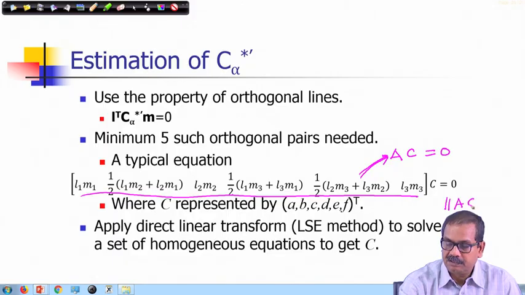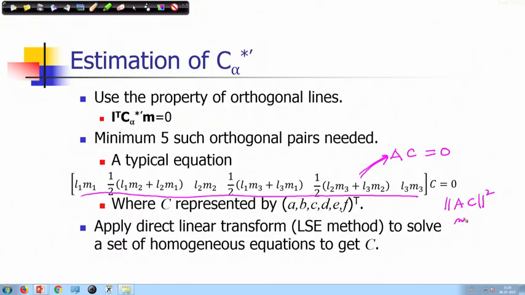So, you have to minimize these norms subject to the norm of C being equal to 1.